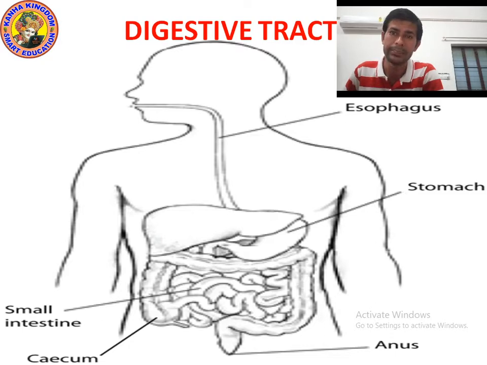Bile is released from the liver. Pancreas releases pancreatic juice.